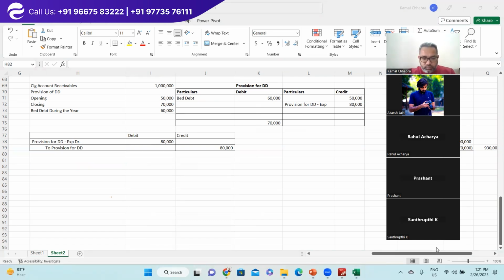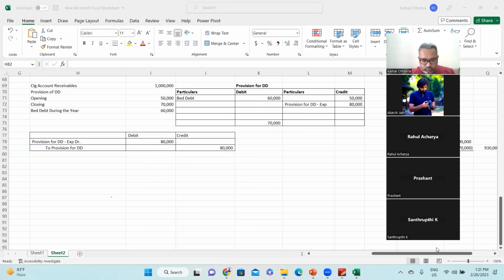So we created the provision on 31st March, based on past estimation or whatever percentages we are applying. Then when we move to next year, when that bad debt actually happens, the provision was just an expectation. Bad debts, when they actually happen, are the actual bad debts which we set off.